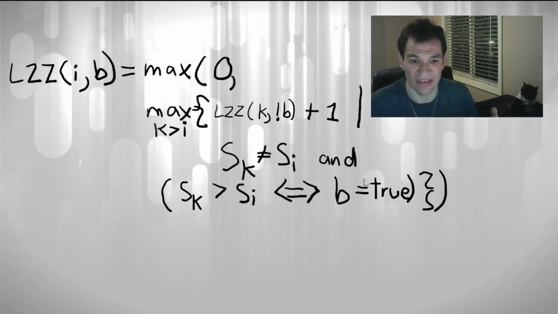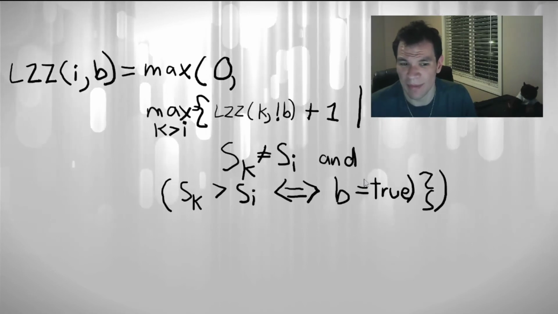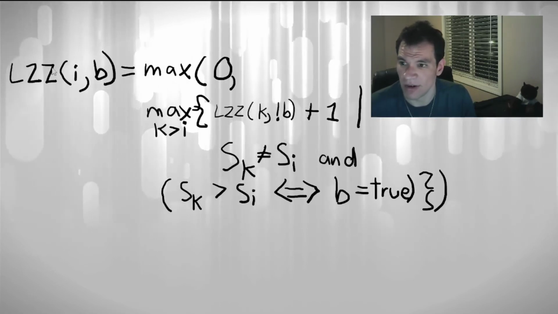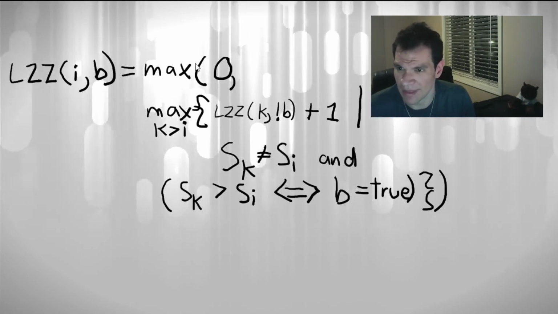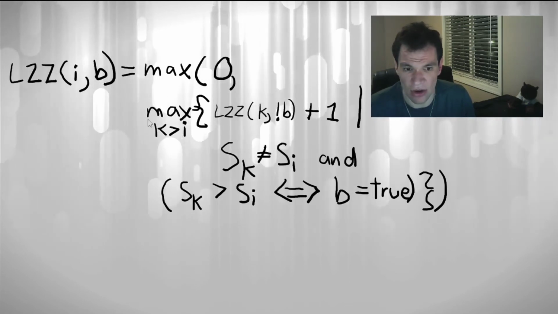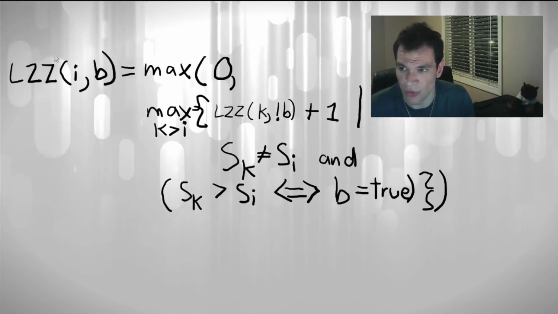Now with the state transitions in mind, we should be able to find the recurrence relatively quickly. Please note here what this recurrence really means.